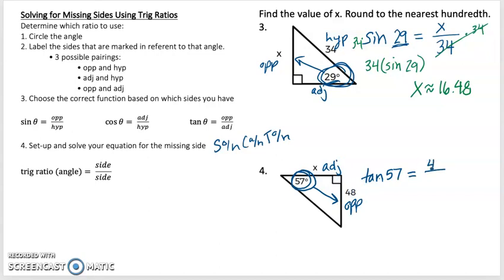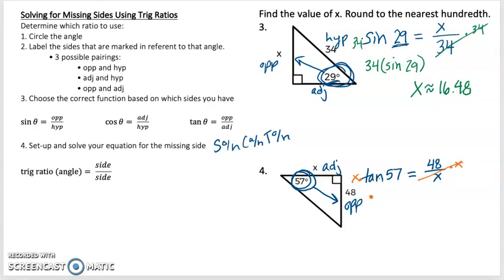So that's going to be 48 over x. Now we do need to get x by itself, but it's on the bottom this time, so our process is going to look just a little bit different. I can't do anything with it while it's in the bottom, so I need to multiply by x first on both sides to get it out of the bottom.